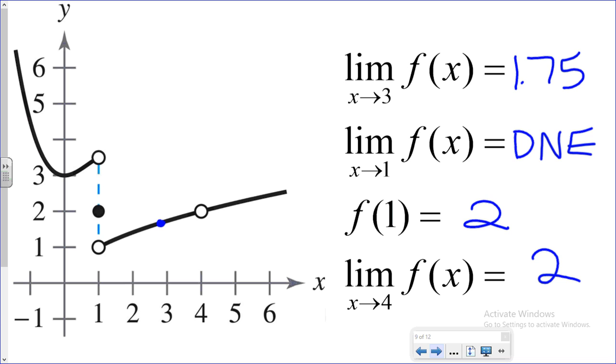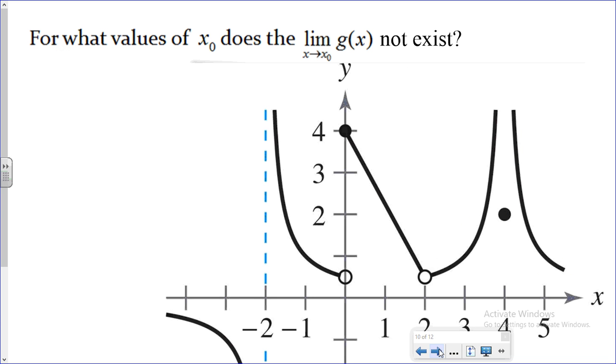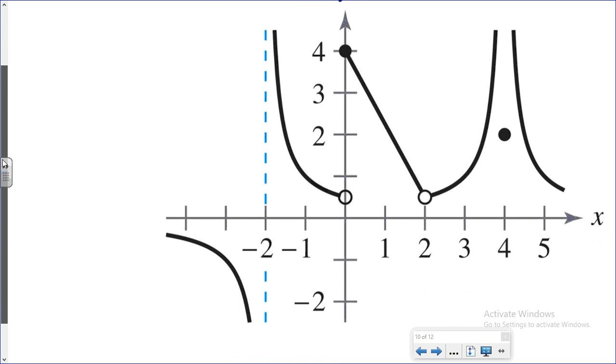Okay, let's try one more. This is a little bit different. I want to know where the limit doesn't exist.